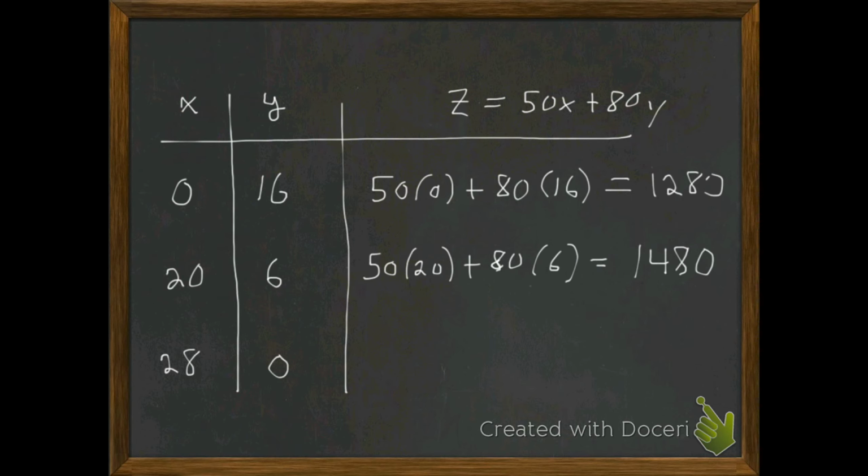And for the final one, when we put in 28 for the x and 0 for the y, we get 1400. So let me write that out. 50 times 28 plus 80 times 0 is equal to 1400.